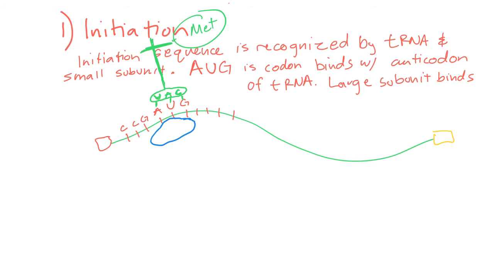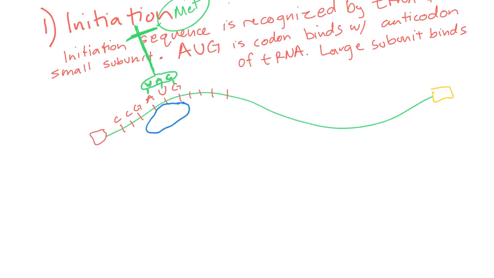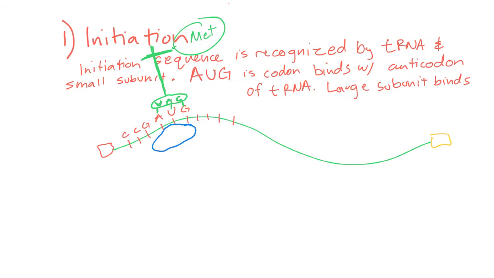So then you get the large subunit. I should have drawn this further down, but I can't move it now. All right, so the large subunit's then going to bind up here.